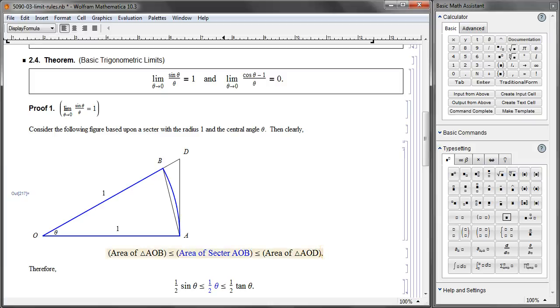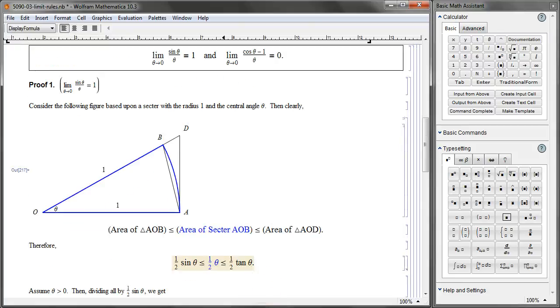Now area of the smaller triangle OAB is 1/2 times 1 times 1 times sine of theta, from the area formula of a triangle with the angle theta. And area formula for the sector is 1/2 times radius squared, 1 squared, times theta. And finally, the bigger triangle, 1/2 base length 1 times height.